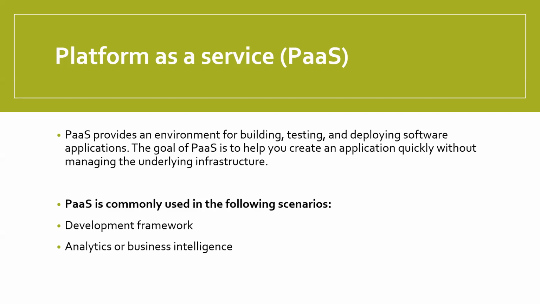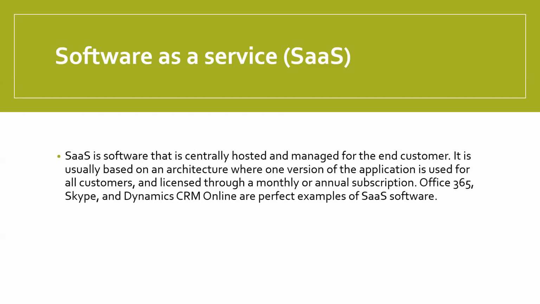Okay, let's go to software as a service. Software as a service means Outlook, Office 365, Skype, and Dynamics. You are just using their software, the Microsoft products, and you don't worry about anything else, like how this software runs. When they have some update available, you don't have to worry about it, they take care of those updates and maintenance.